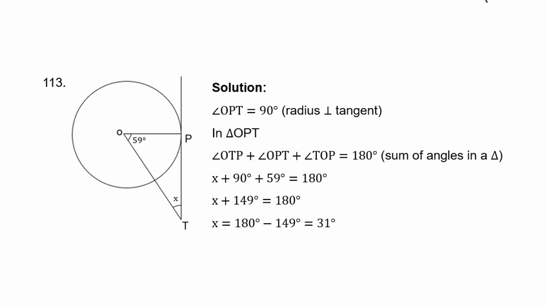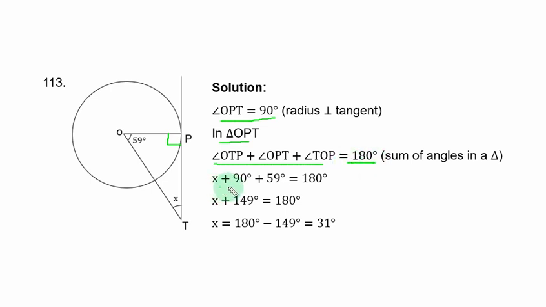Example 113. You are to find angle S in the given figure. In the given figure, this angle OPT is equal to 90 degrees, radius perpendicular to tangent. In triangle OPT, if you add the three angles, the sum is equal to 180 degrees.